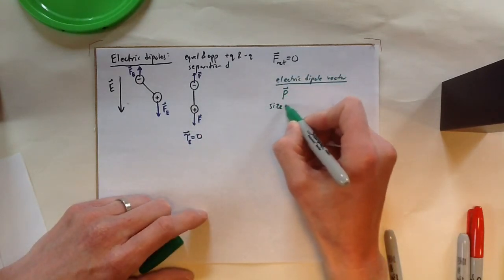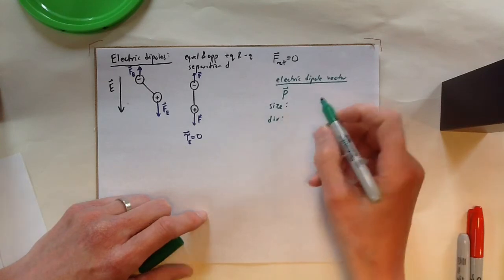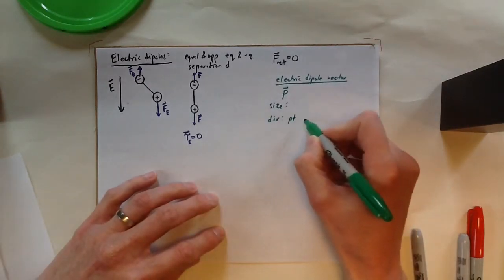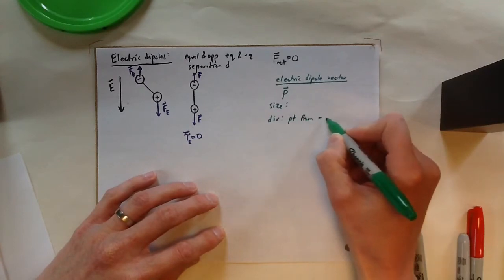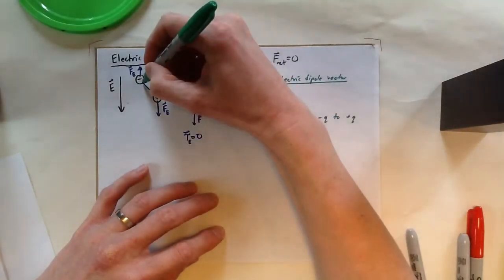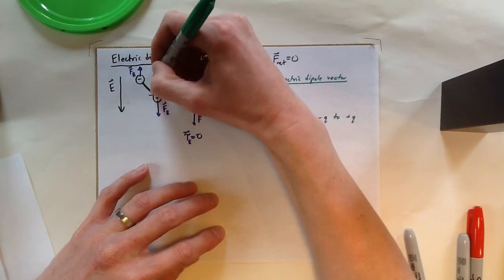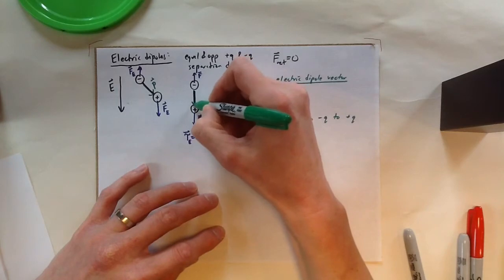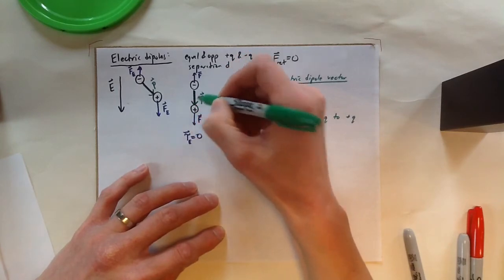I'll put the size here, I'll put the direction there. The direction of it is defined as pointing from minus to plus. Let me draw it in here. So it points from minus to plus.